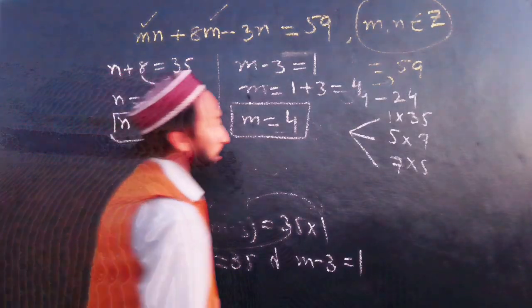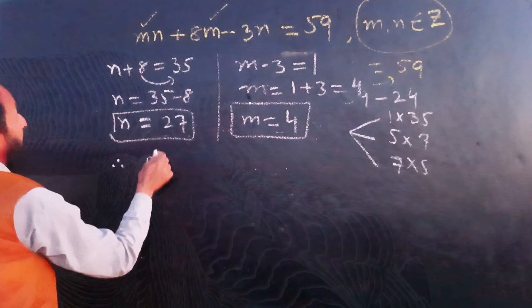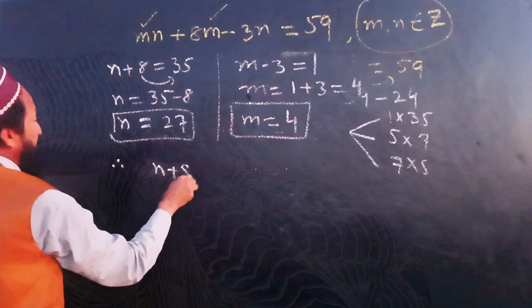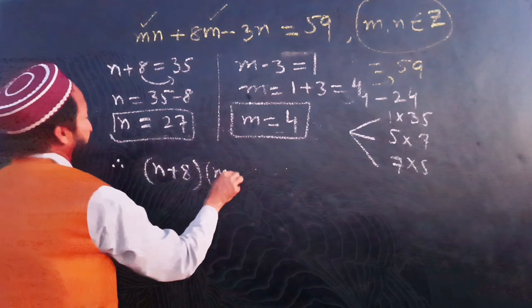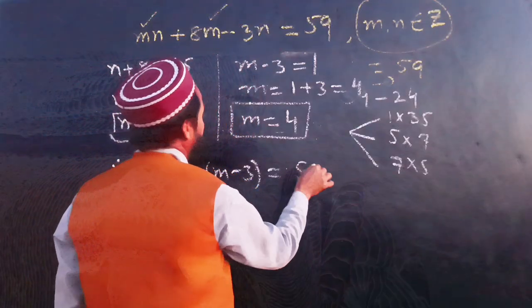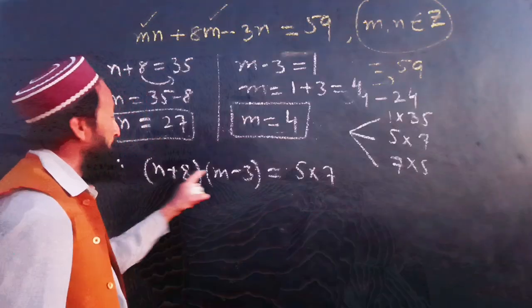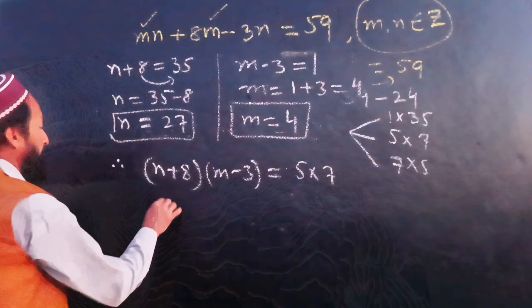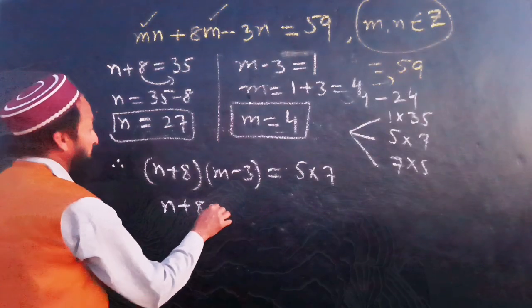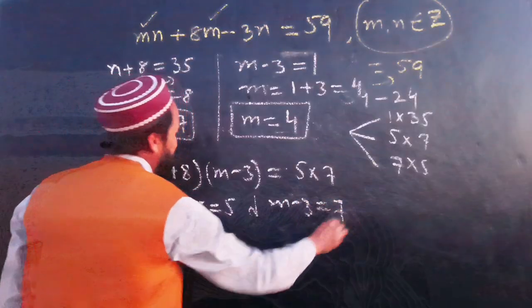Now we are proceeding to the second case, 5 multiplied by 7. Here is (n + 8)(m - 3) is equal to 5 multiplied by 7, but 5 is less than 7, so according to the condition we consider n + 8 is equal to 5 and m - 3 is equal to 7.